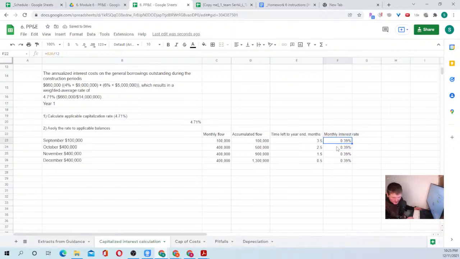Sorry. So I calculated the monthly interest rate. What I'm trying to say here is that balance stayed with us for, let's see if I'm not making a mistake here, because the half month convention doesn't do me any favor here.